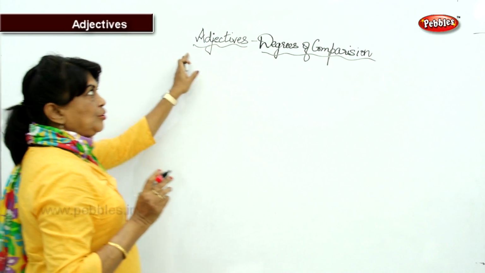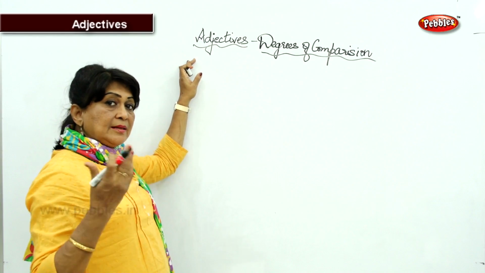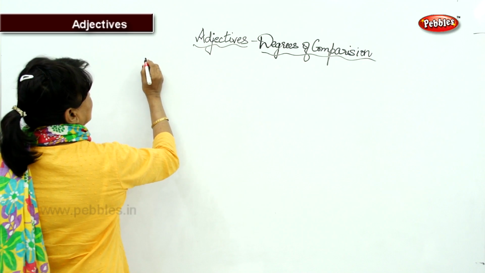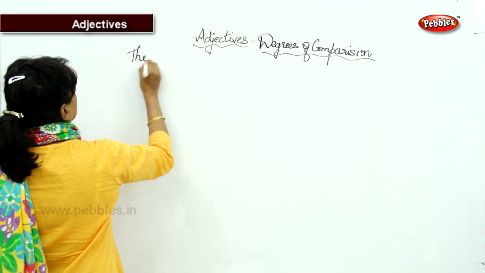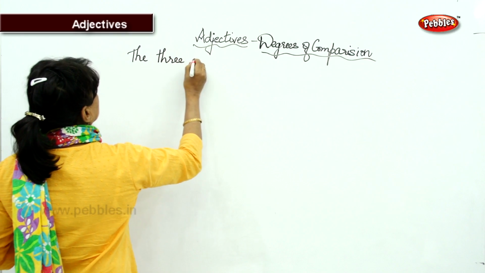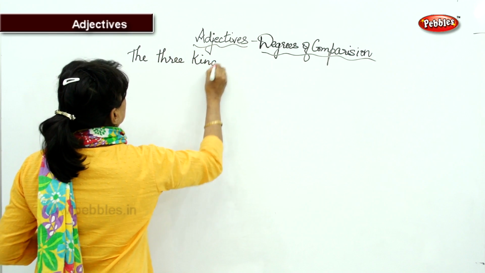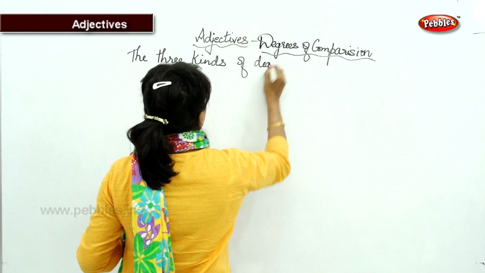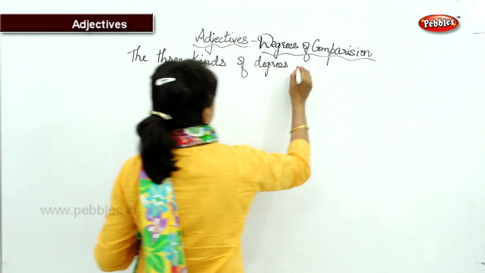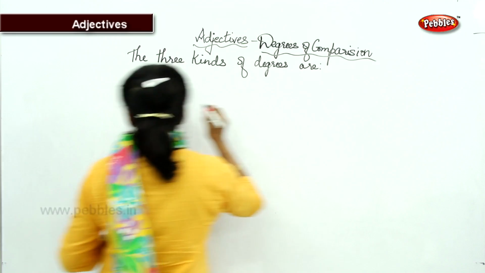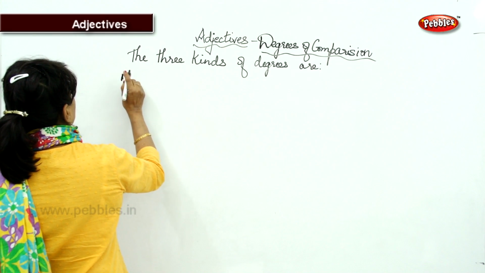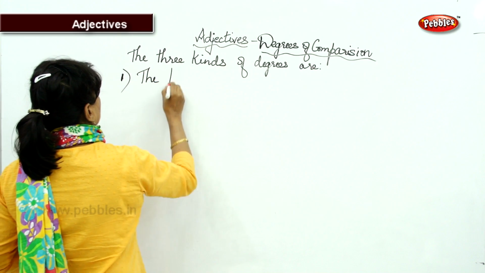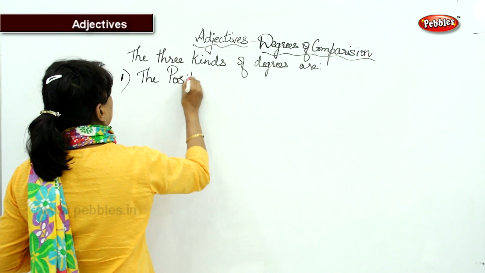Okay, I told you adjectives can exist in 3 different forms and they are called the degrees of comparison. They are 3 kinds. Okay. The positive degree.